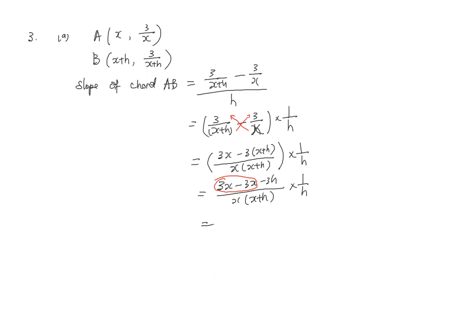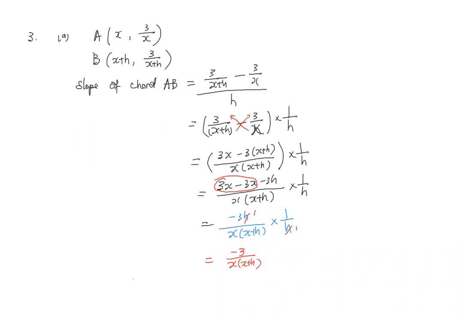So I got negative 3h over x, x plus h, times 1 over h. Cancel off the h. And then you get negative 3 over x, x plus h. Got it?